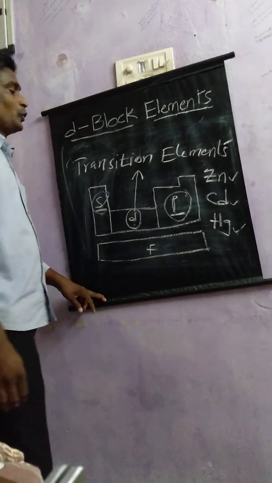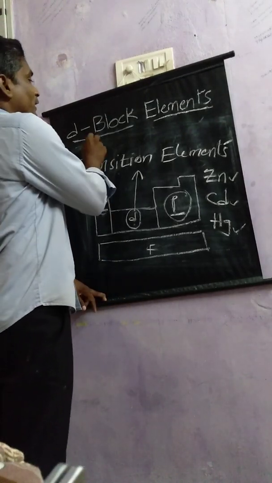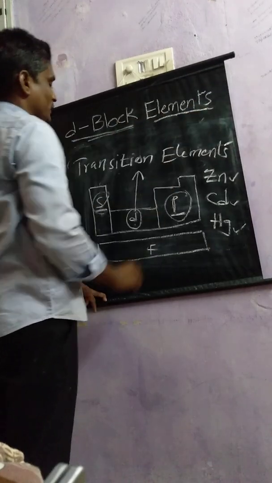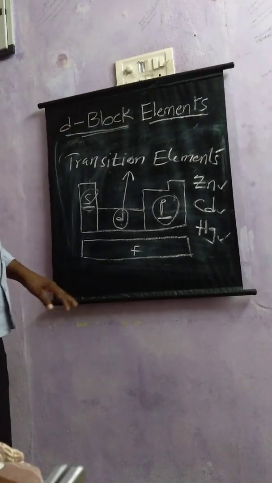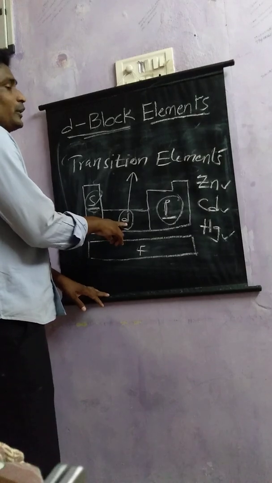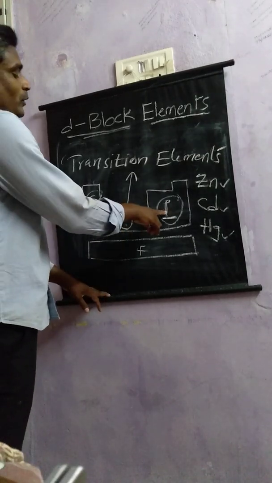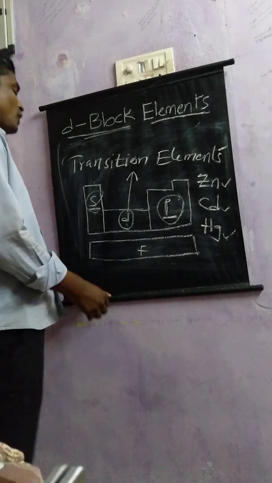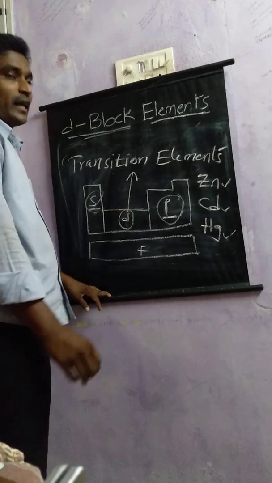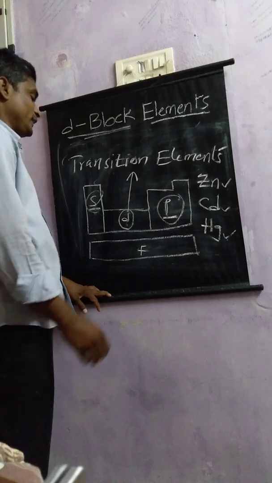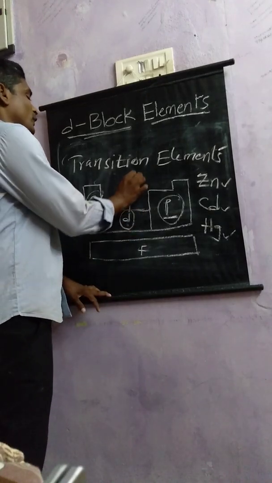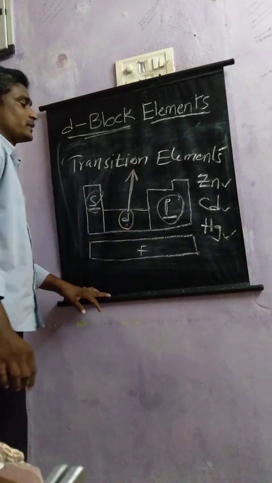So coming to why D block elements are called transition elements, the only reason is D block elements are placed between S block and P block, and the properties of D block elements are in between S and P. So that is the reason why D block elements are called transition elements.